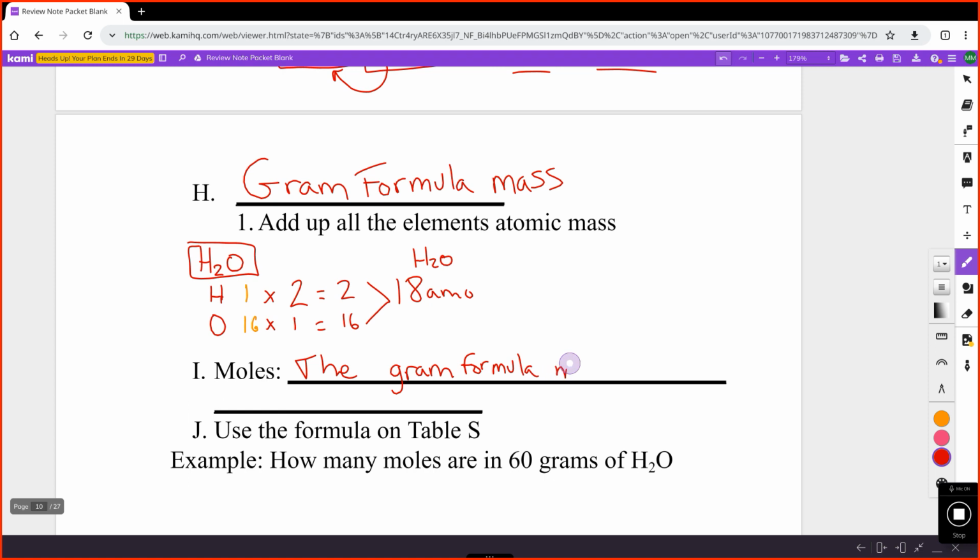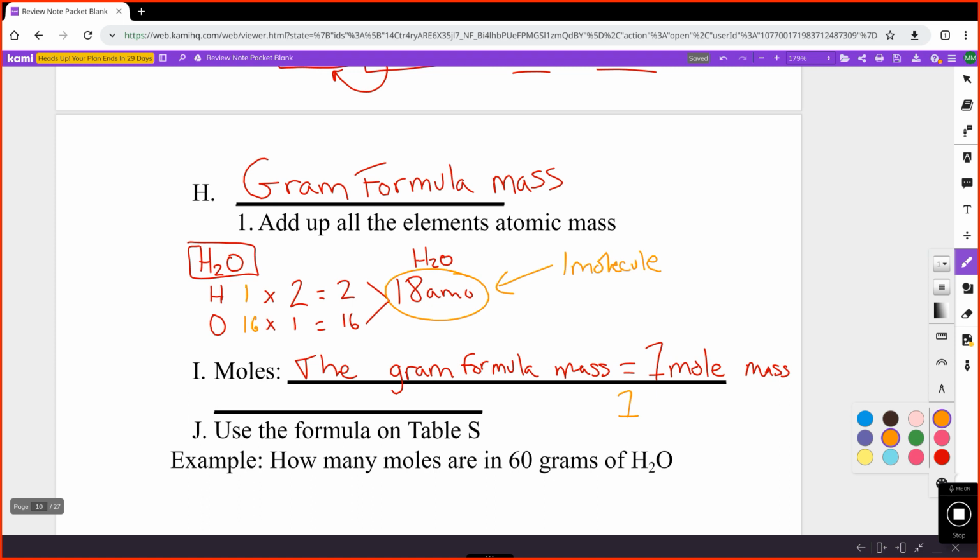Formula mass is what is equal, not Z, but is equal to 1 mole mass. So for water, 18 AMUs, this is the mass of 1 molecule. For water, 18 grams equals 1 mole.